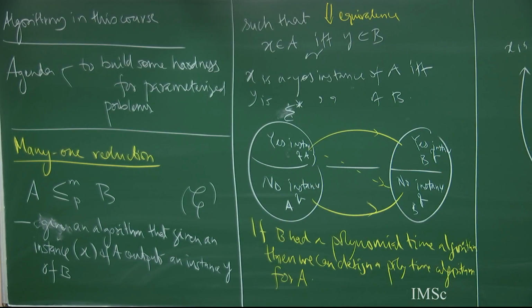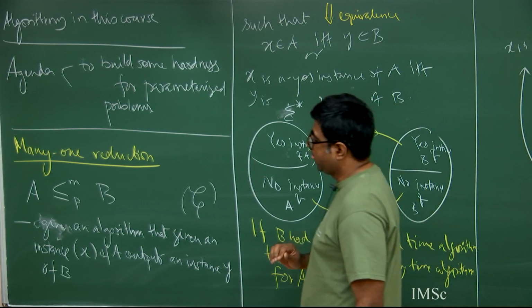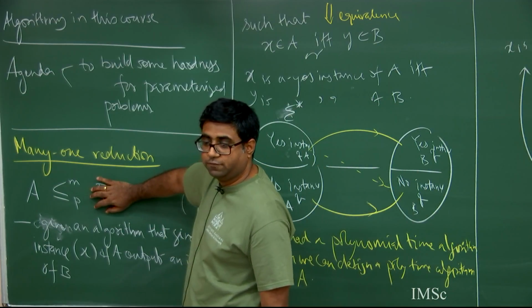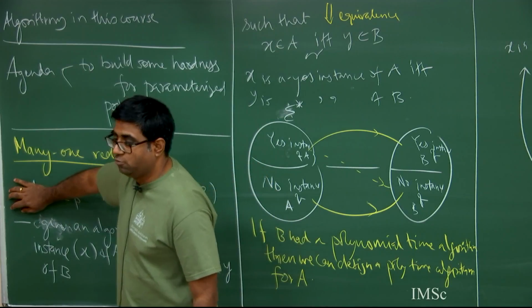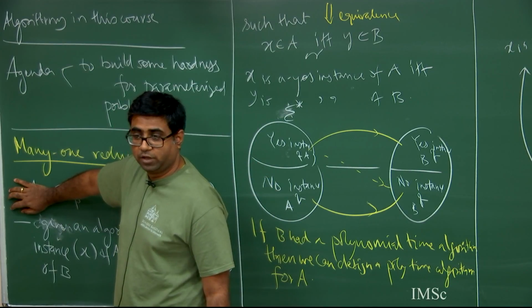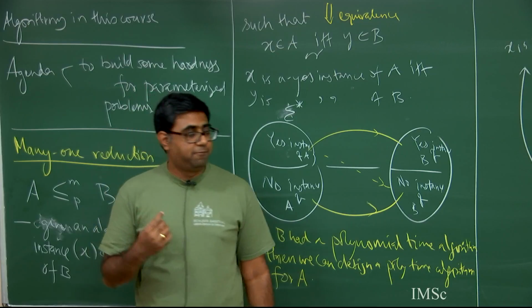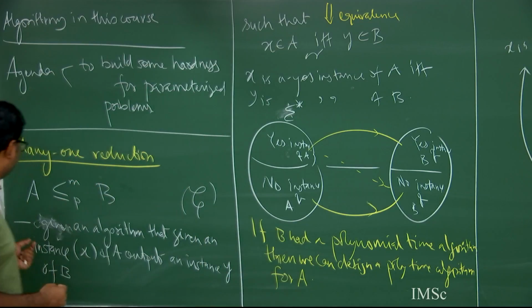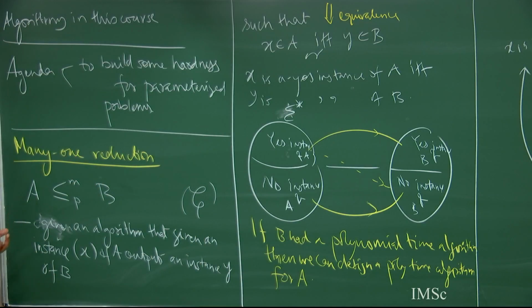But first let's ask ourselves, what is our goal? What we would like to say is, look, if we had a fixed parameter tractable algorithm for B, then we will be able to design a fixed parameter tractable algorithm for A. And in the FPT world, an instance of A is going to be a tuple.